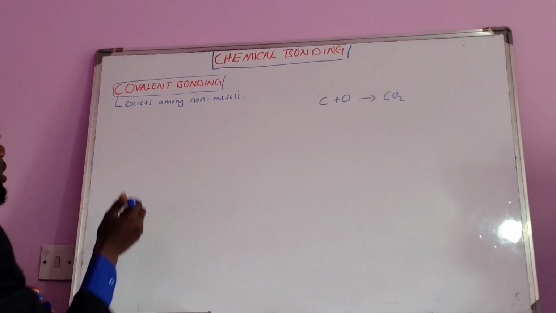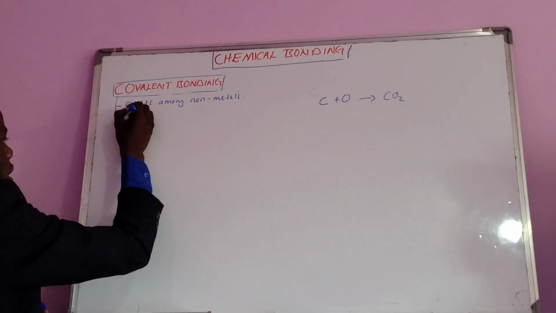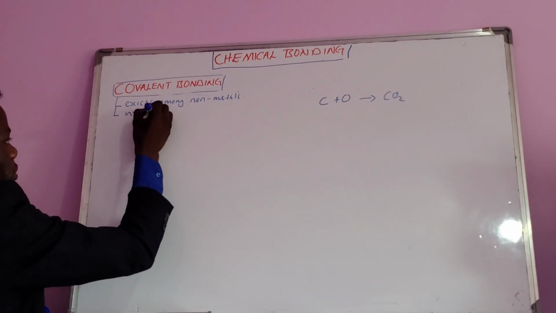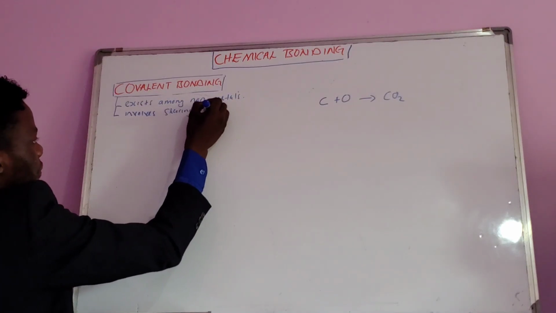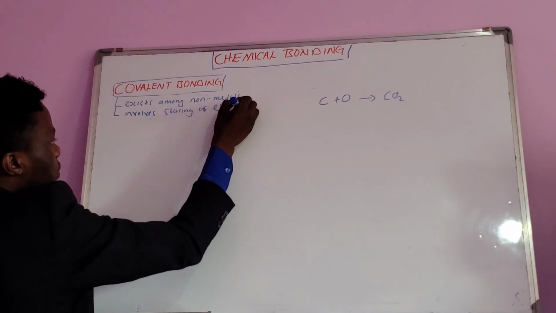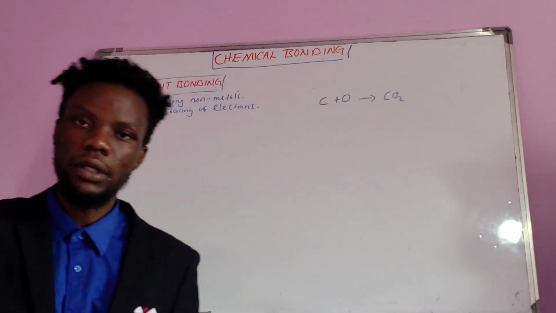Another thing that we need to understand about covalent bonding is that it involves sharing of electrons.